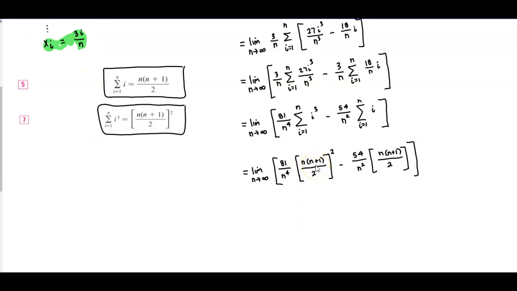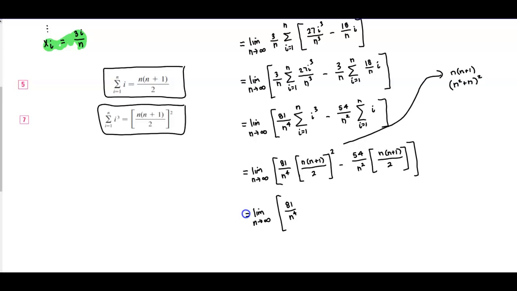Okay, now let's multiply this out. So if we have the limit as n approaches infinity of 81 over n to the 4th, this is n times n plus 1. If we distribute the n, we get n squared plus n, and then we need to square that.